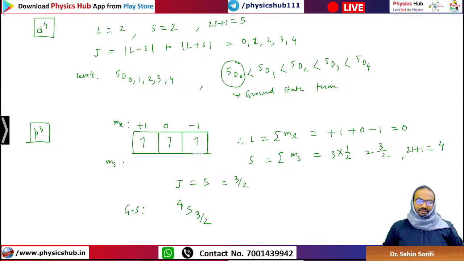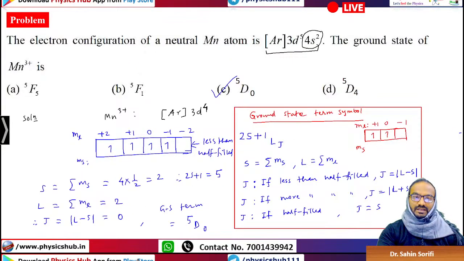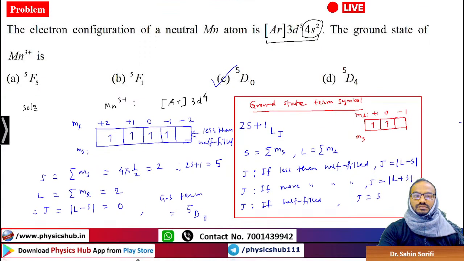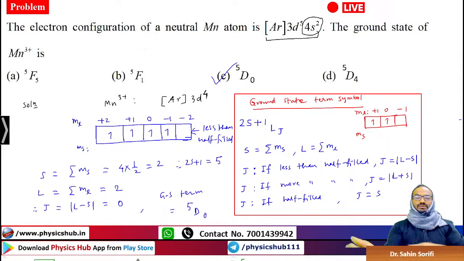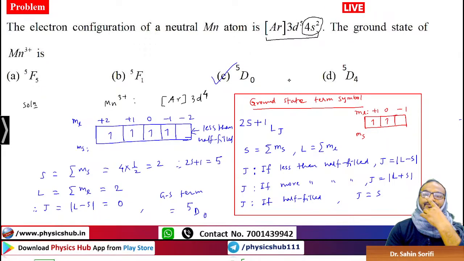Why don't we take 3 electrons from the 3d term only for Mn3+? Actually, it depends upon the energy, right? Which electrons are more favorable to lose? Here, we can easily remove the 4s electrons. The two 4s electrons can be removed first. There are a few rules.